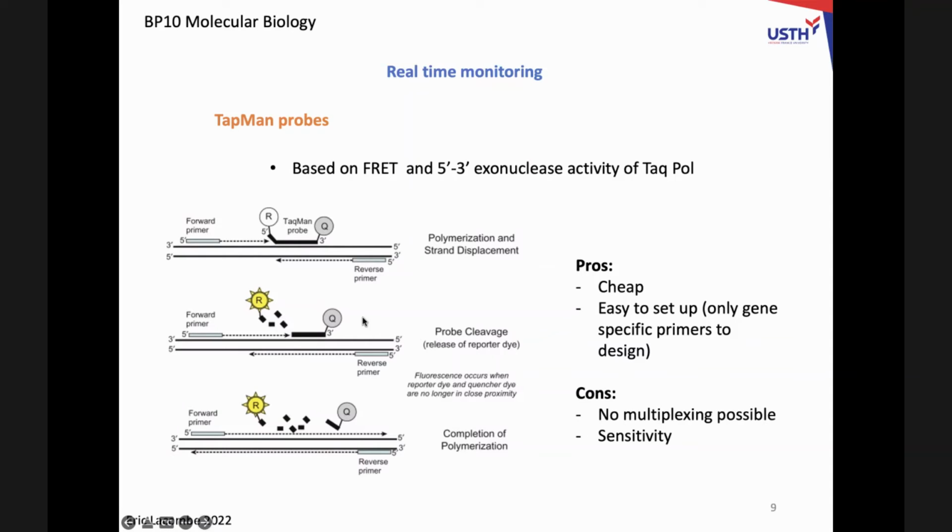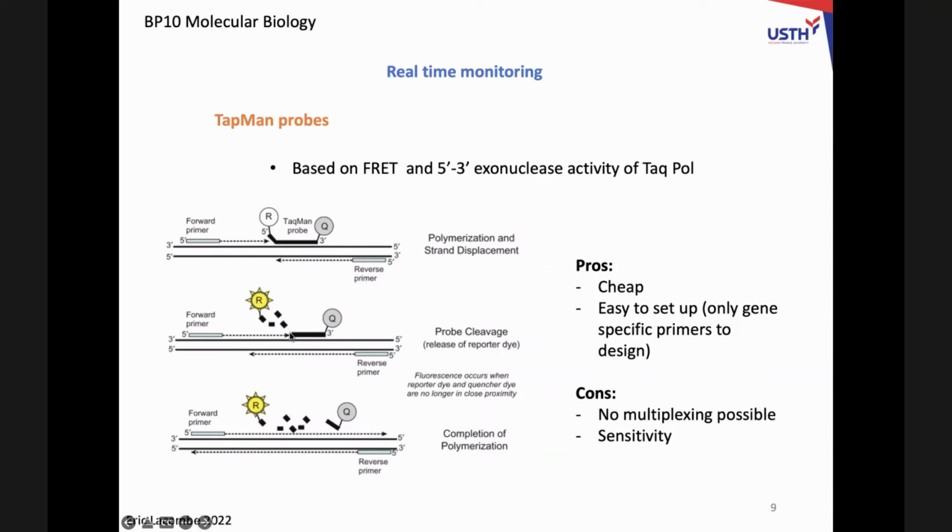When the DNA polymerase, the Taq polymerase, is polymerizing, it starts from the primer and goes 5' to 3', then it will arrive at the place where the TaqMan probe is bound to the target, and because of its 5' to 3' exonuclease activity, it will start to degrade the probe.